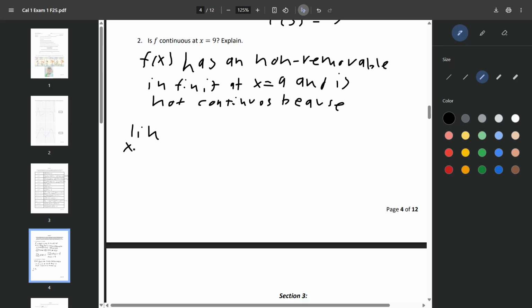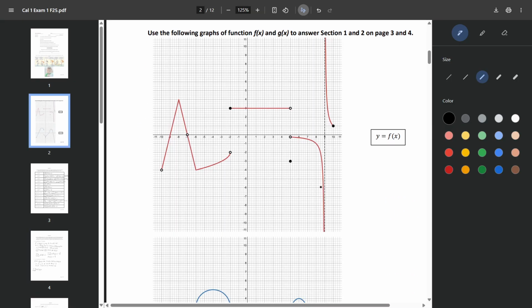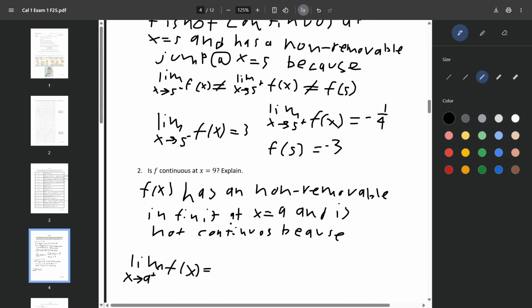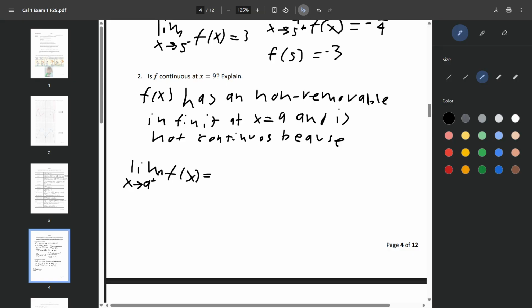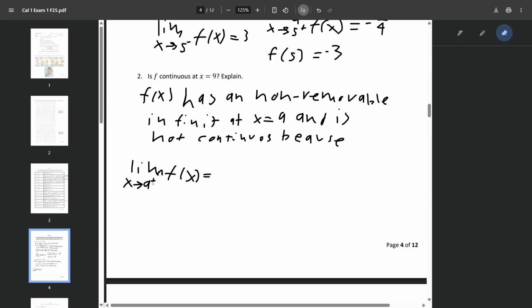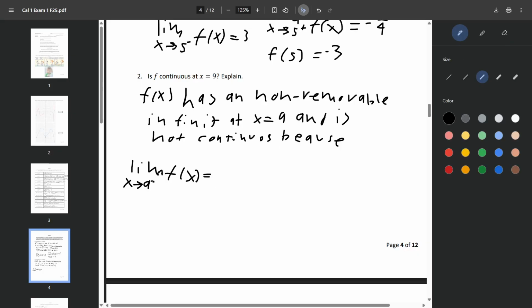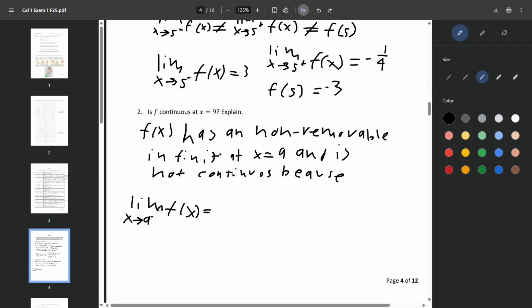Limit of x approaching 9 from the right of f of x equals, we'll double check, negative infinity. Accidentally wrote plus. Yes, I also almost forgot to write this form.